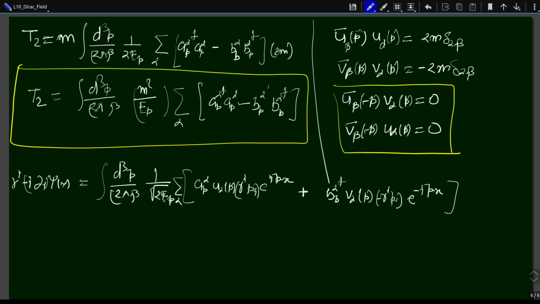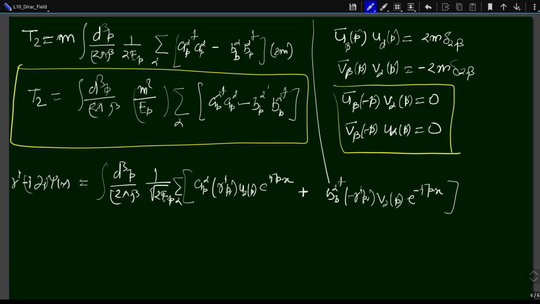Did I make a mistake? Big mistake. Gamma is to the left and the spinor is to the right. So this is gamma^i p_i u^alpha(p), and here minus gamma^i p_i v^alpha(p). So gamma is multiplying from the left-hand side.